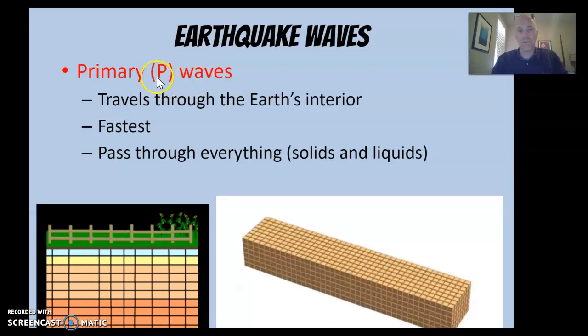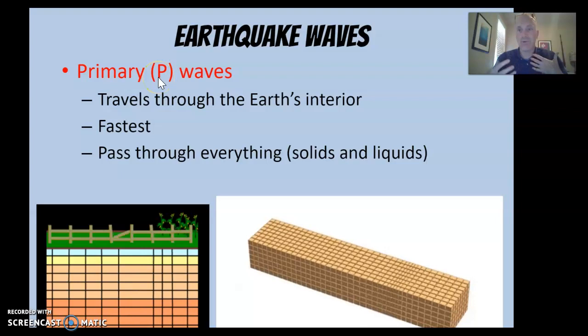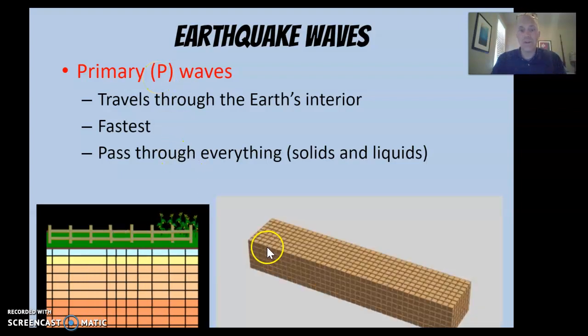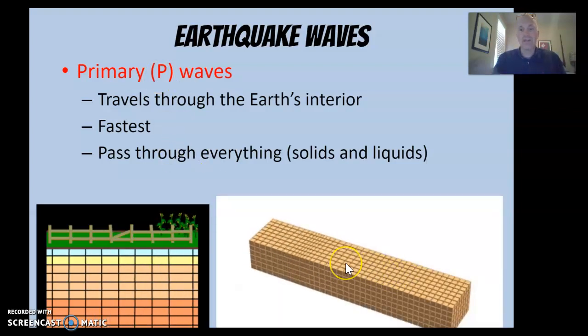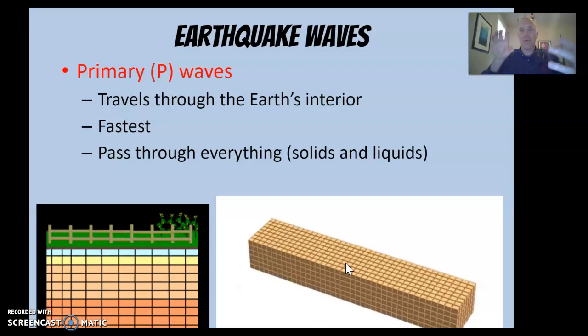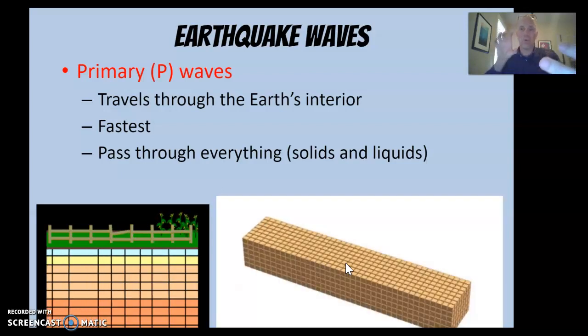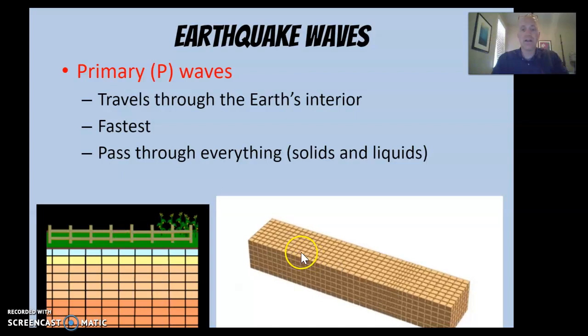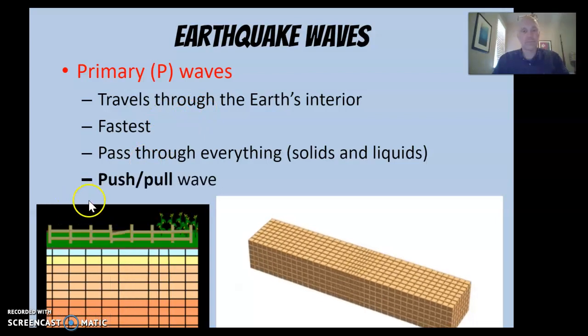Think of this little block like a slinky: if you hold one end of it and give it a quick push with your hand, it's going to cause a little bit of a wave to go through that slinky. So think push, pull wave.